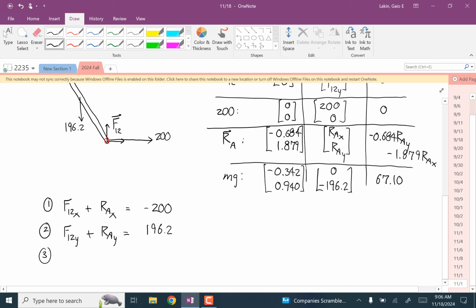And the third one says negative 1.879 RAX minus 0.684 RAY is equal to negative 67.10.